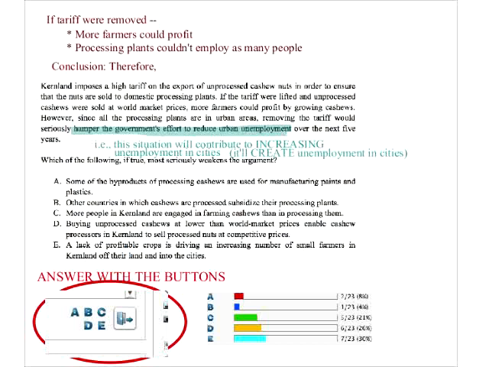So let's look at this. Some of the byproducts are used for manufacturing paints and plastics. By the way, what's best to do now is you should temporarily ignore whether it says strengthen or weaken. Very important point.